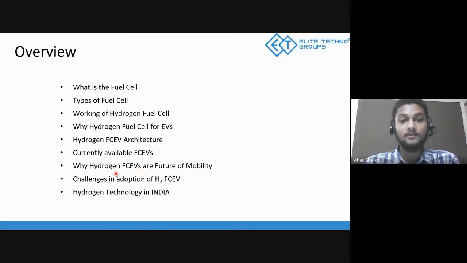After that, why this technology could be considered the future of mobility. Currently we all are talking about battery electric vehicles, but hydrogen fuel cell also has a great future ahead, and why people and experts think that. We'll have a look at the reasons behind it, and at the end we will see what the challenges are in adoption of hydrogen fuel cell electric vehicle technology.